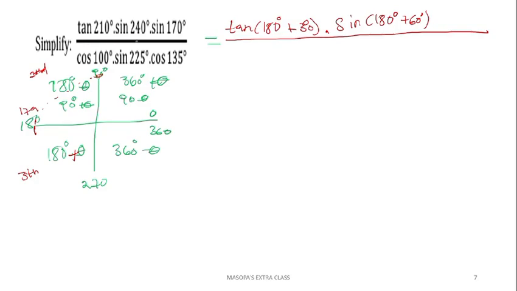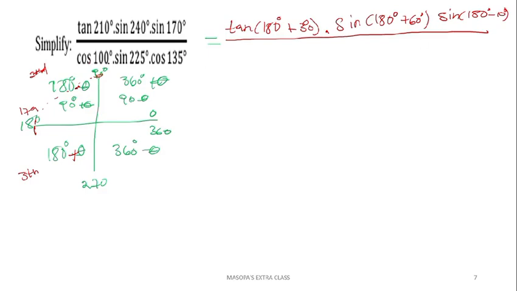So this one we're going to say 180 minus 170, then you're getting 10, right? Then that means that you're going to have sine of 180 minus 10, and when you say 180 minus 10, you get 170.